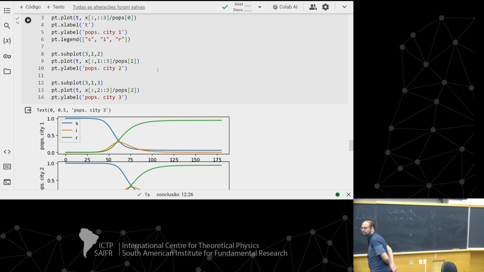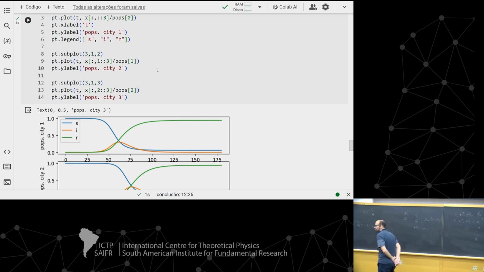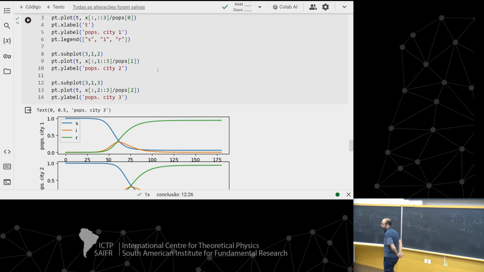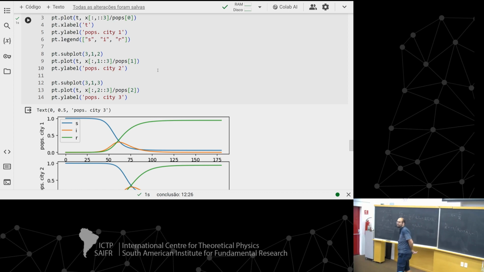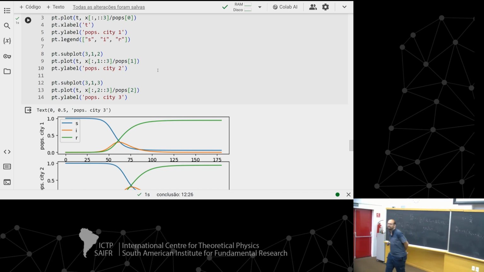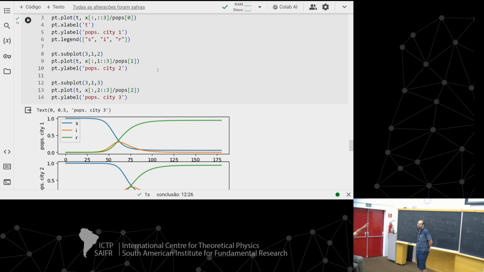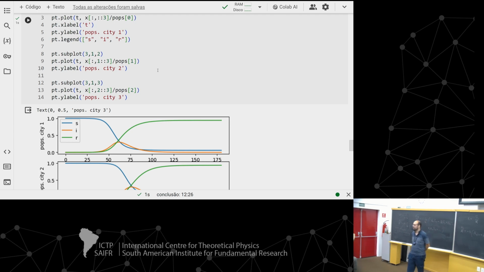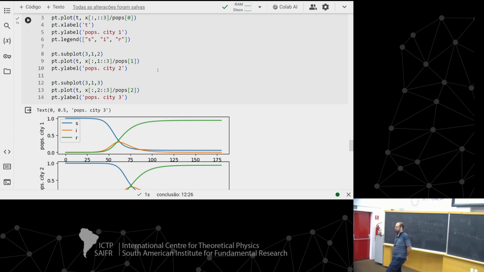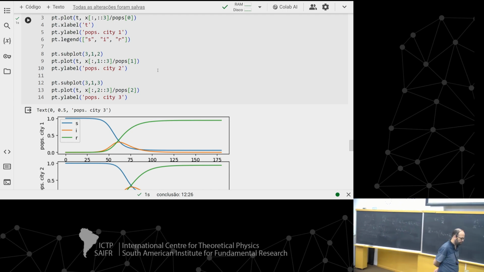So this is a bridge to how networks will appear here. In this simple case, it will be networks connecting through airports with some weight.